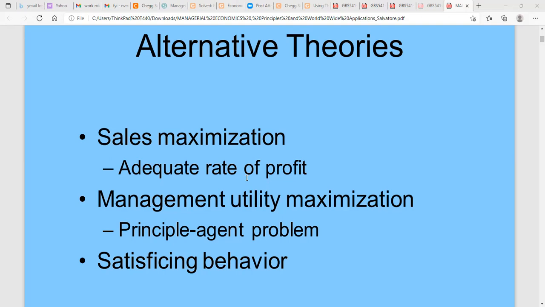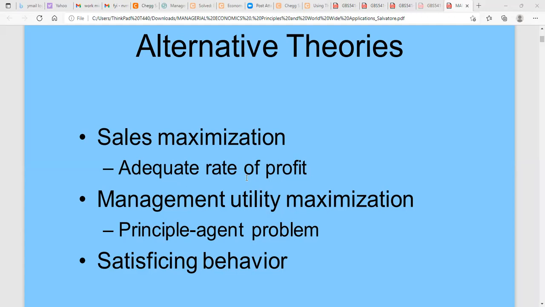Others theorize the existence of firms as maximizing utility, where utility is the satisfactory point at which firms achieve their best available, optimal satisfaction.